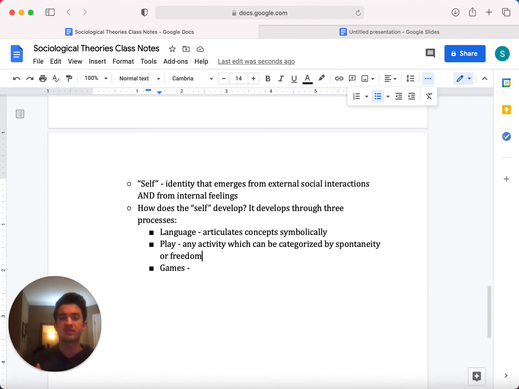Spontaneous just means will of the moment. If you have a friend who's spontaneous, they might randomly drop a bunch of money to go on a trip or something like that. Or they might be randomly willing to go drink with you at a bar. That's somebody who's spontaneous. So play is really any activity which can be categorized by spontaneity.